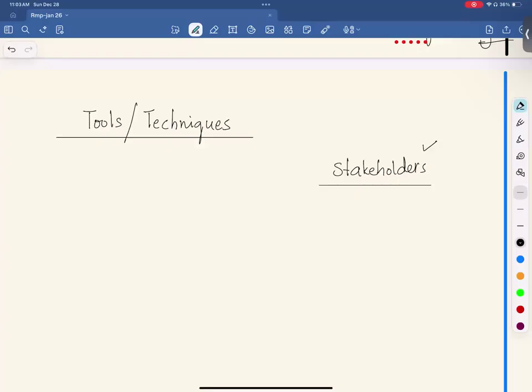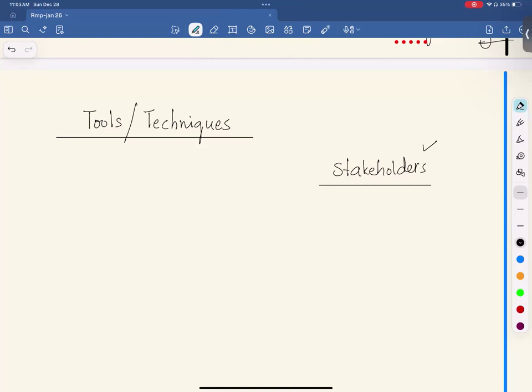Okay. So in order to develop a risk management plan, what do you think are the things which you are supposed to take benefit from? Everybody, please write in the chat. Let's say I ask you now, please develop a risk management plan for this project, and you are the risk manager, right?